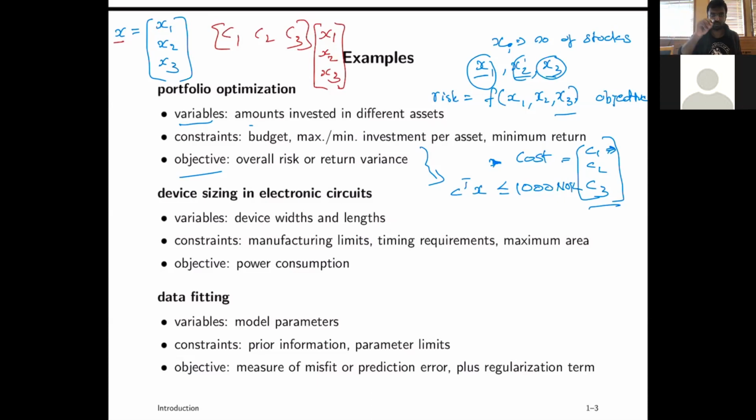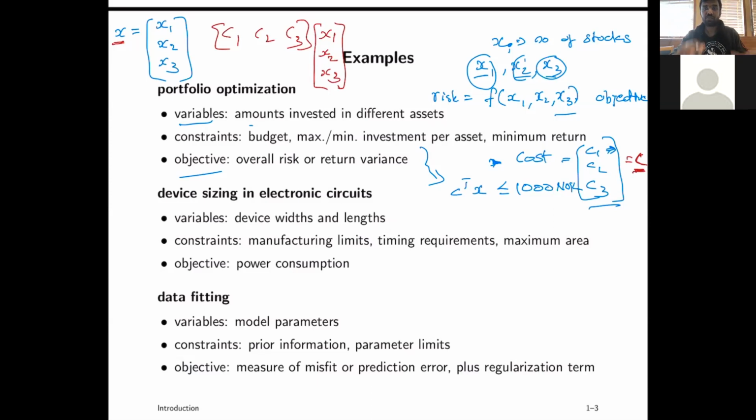It could be confusing, so we use this bar, but sometimes we forget to write it. I may write C equal to C1, C2, C3 sometimes, but you should be aware that that's C bar. That's a vector. Sometimes we make mistakes.